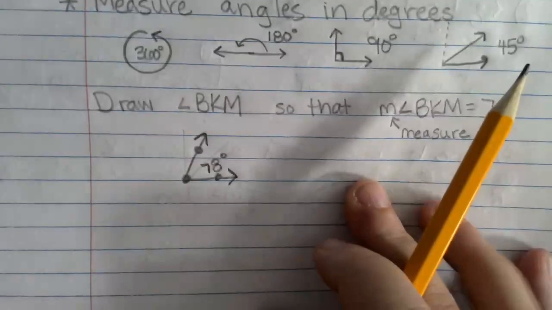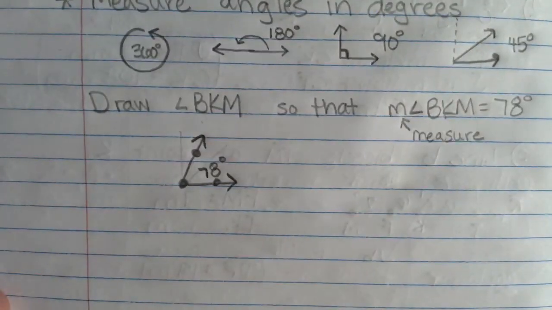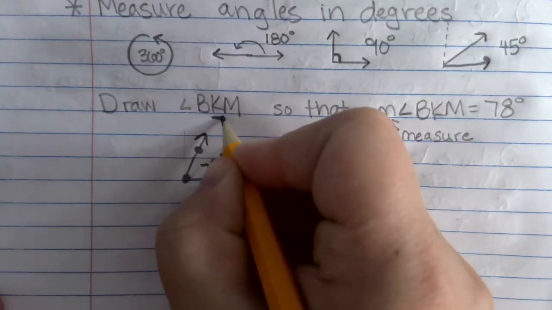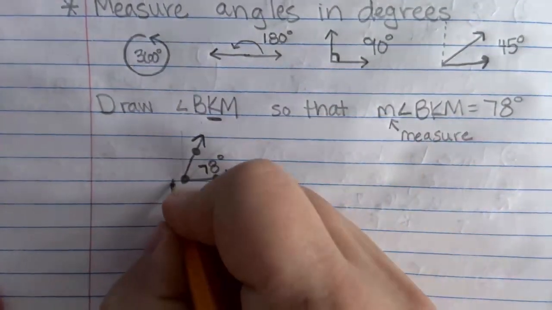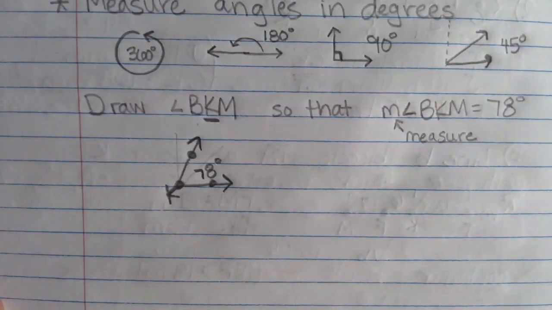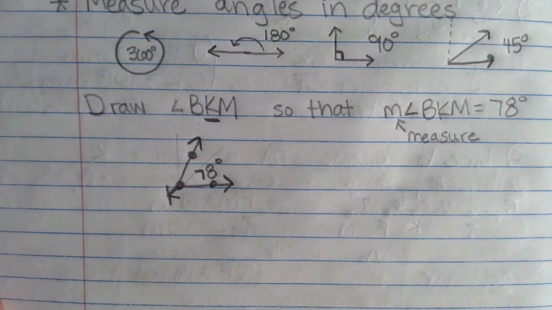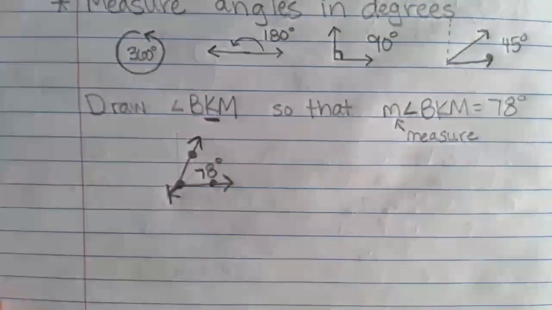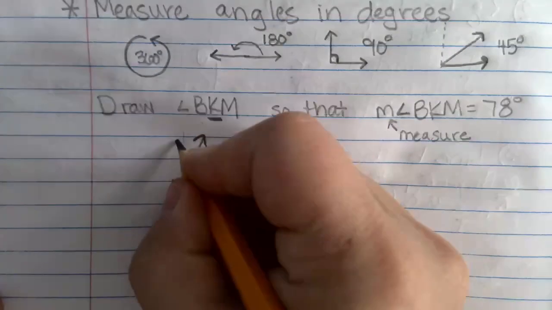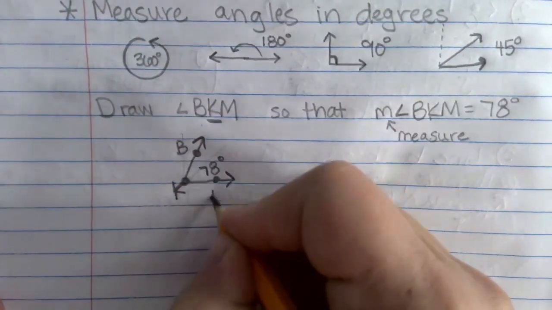So if I look at BKM, which one of those points has to go in the middle? Which one is our middle point? K. So K has to be the vertex. Now it doesn't tell us enough information about B and M where those have to go, so they could go in either position. But K has to go in that middle because it's the middle point. So I'm just going to go B, K, and then M.